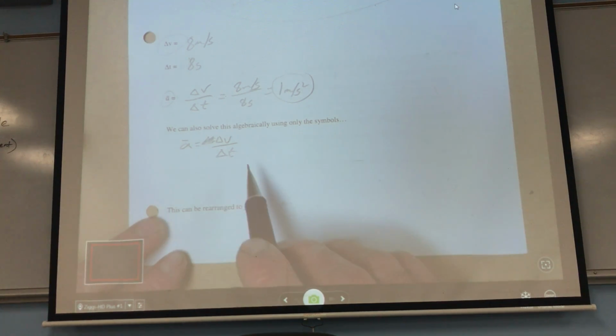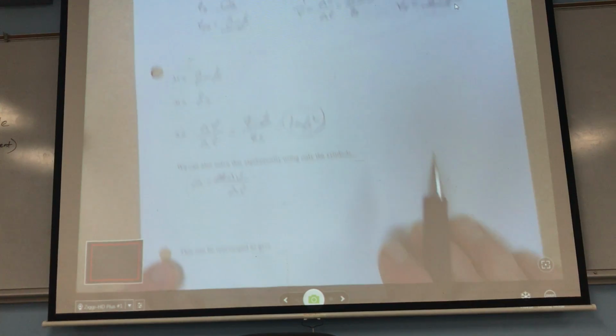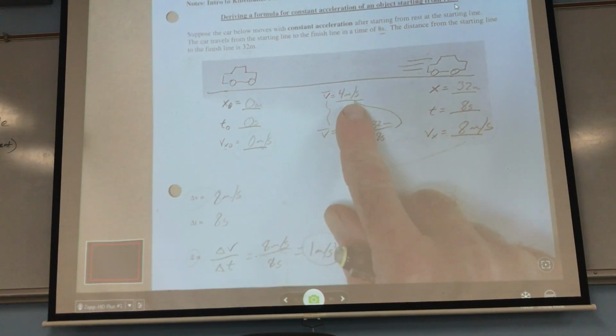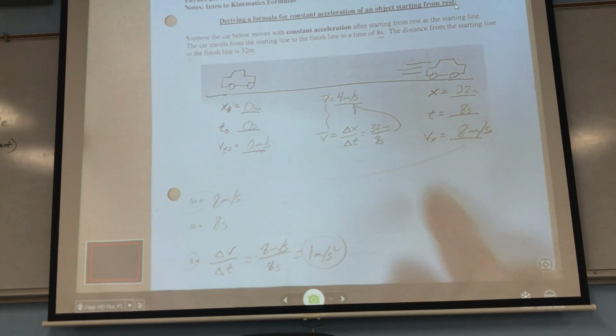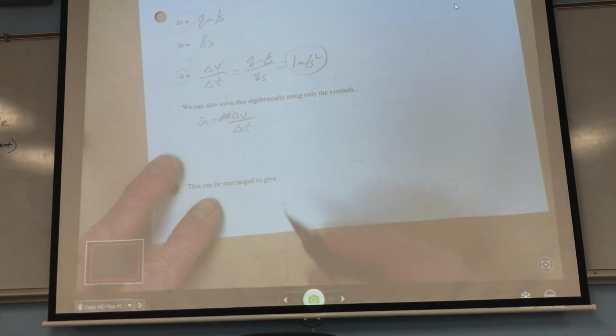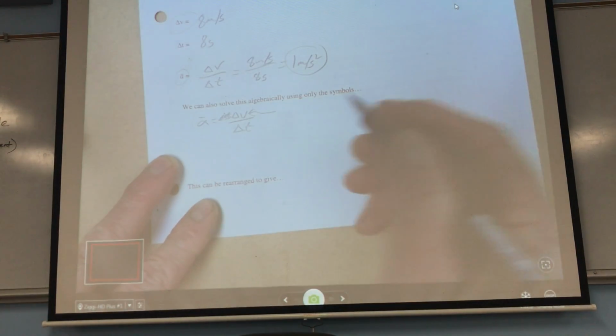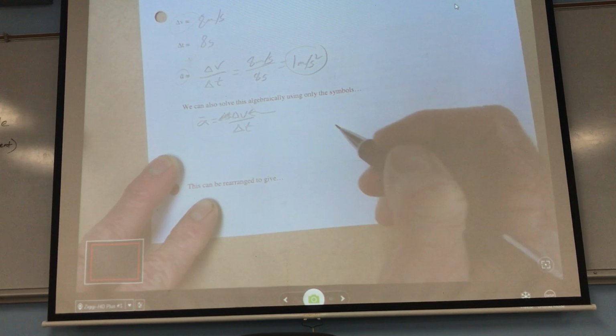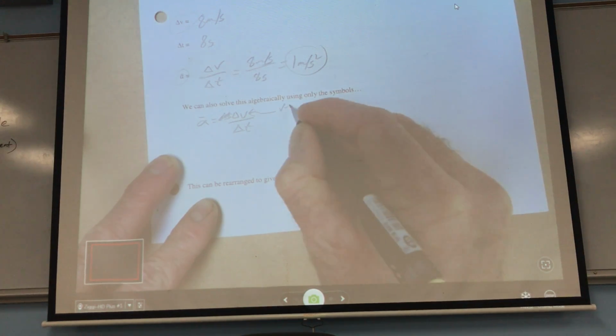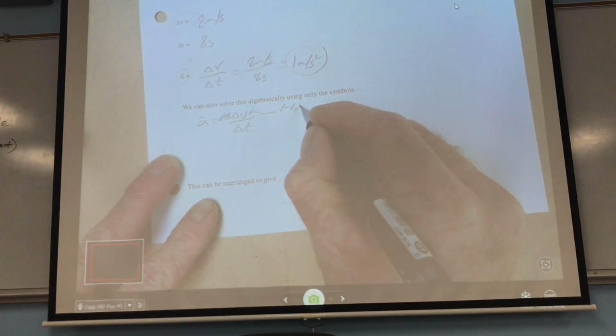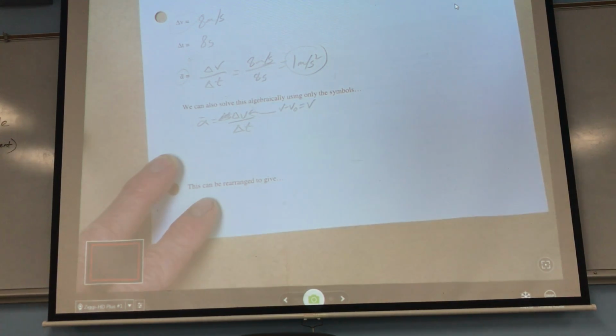So if I just had this formula, and I gave it to somebody, and I gave them this situation, they wouldn't be able to use it because they don't have delta V yet. So I need delta V. And delta V is just V minus V0, which in this case is just equal to the final velocity.